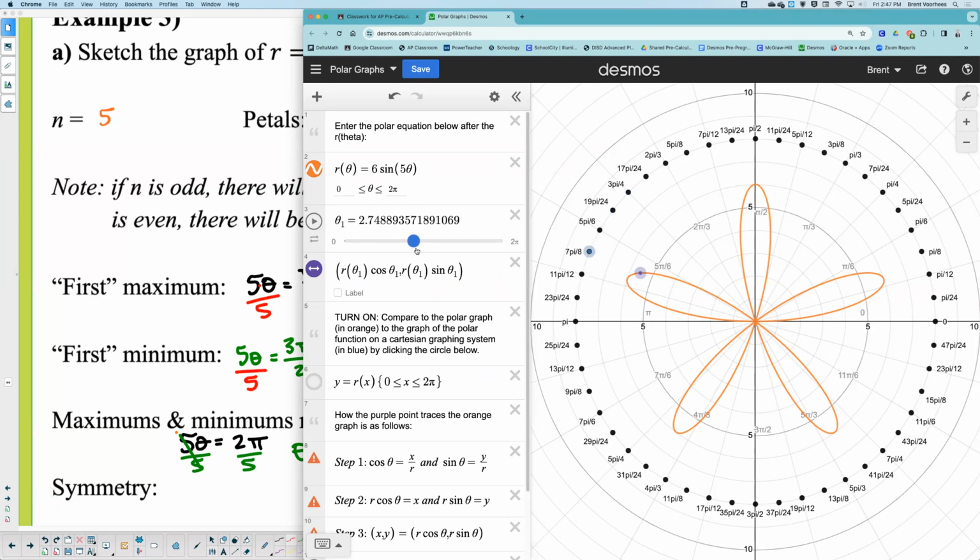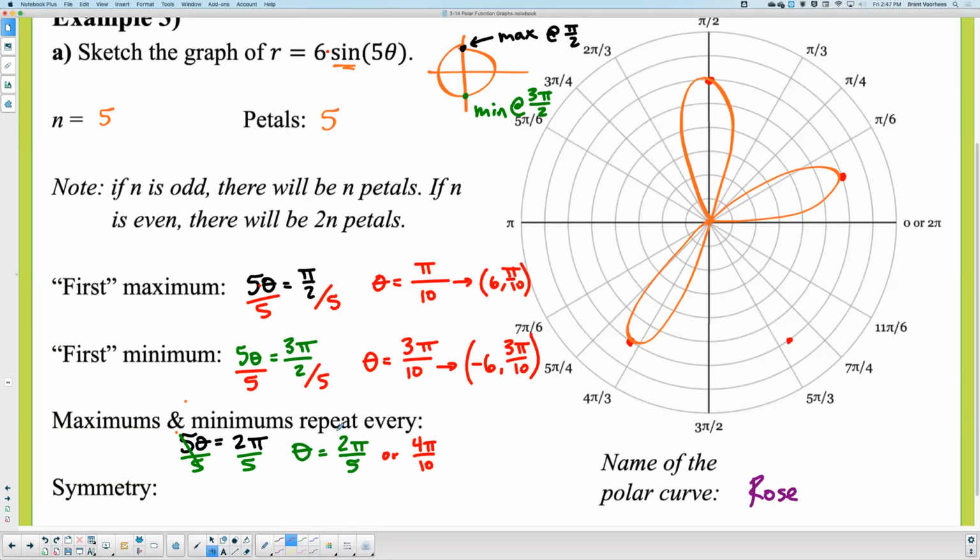And this would be a maximum at 9 pi over 10, which is over here. So if I continued on this graph, this would go this way. It would hit, and then it would come back out to a maximum like this. Now, this graph completes in 1 pi.